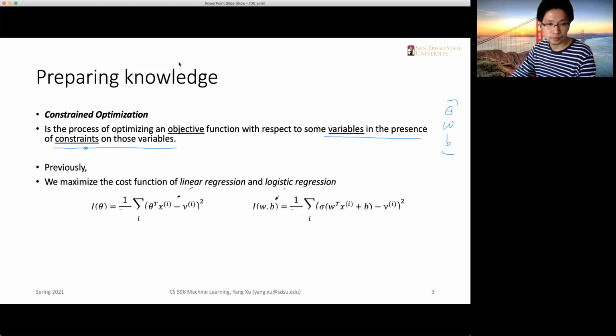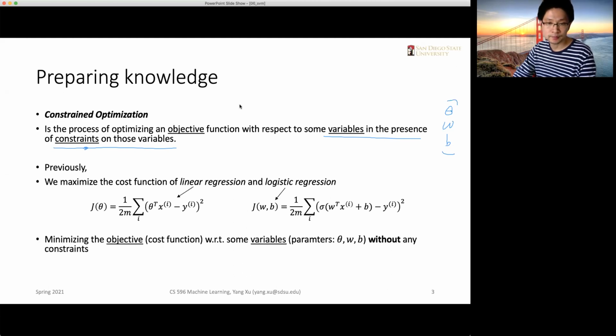Those are the cost functions we defined for linear regression and logistic regression, respectively. We used the gradient method, which is to take the derivatives of the cost function with respect to the variables.